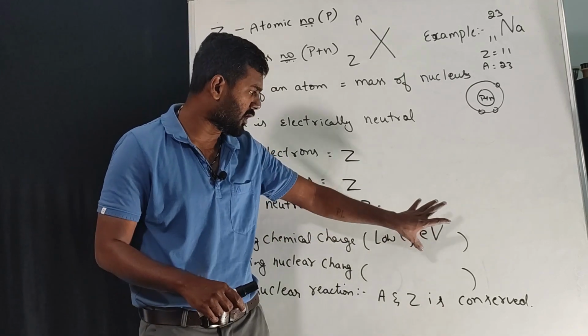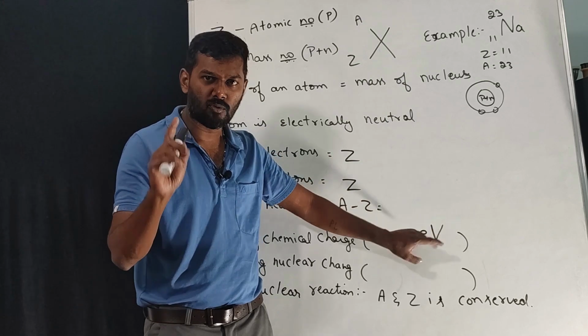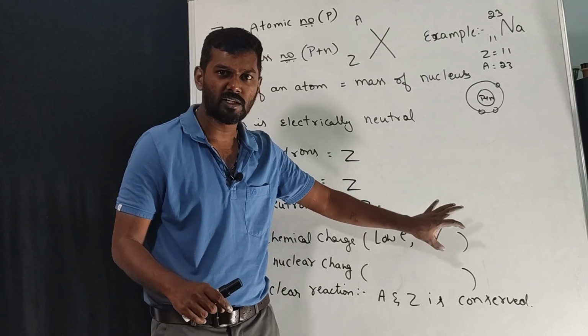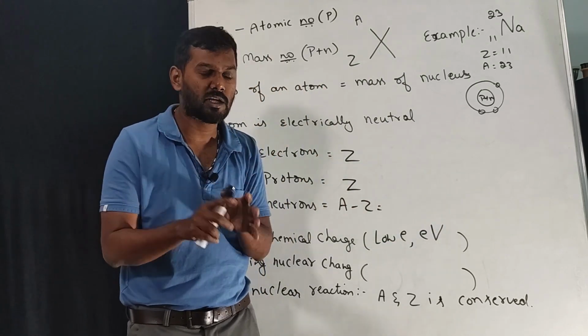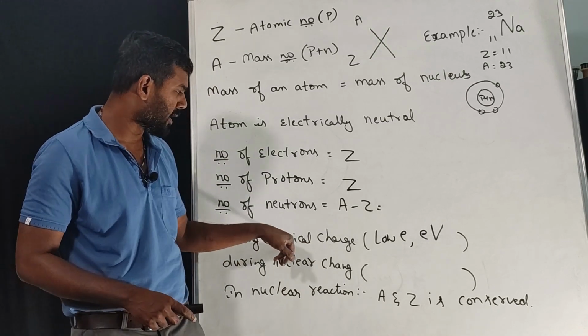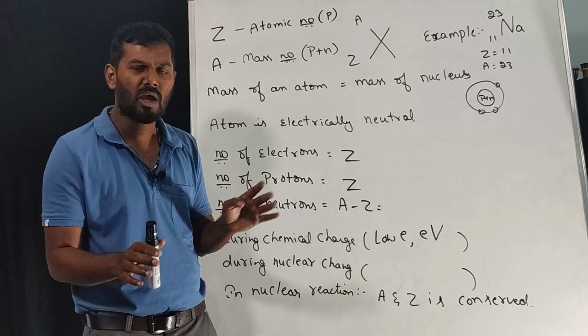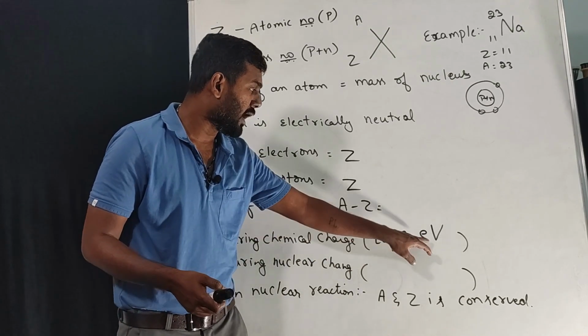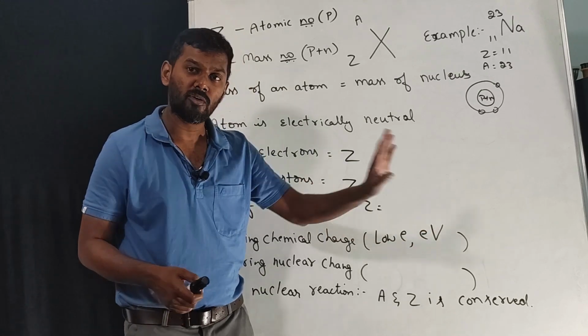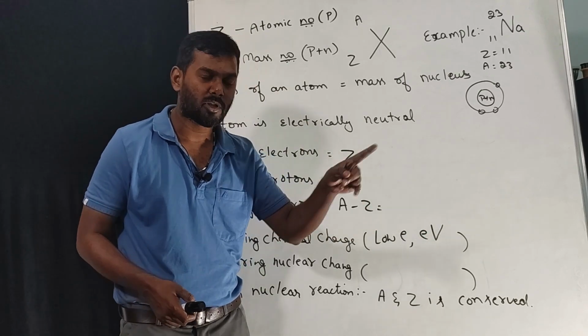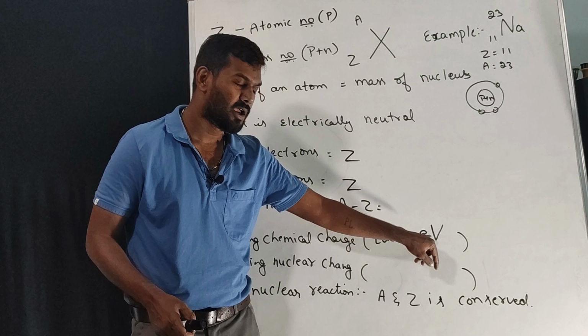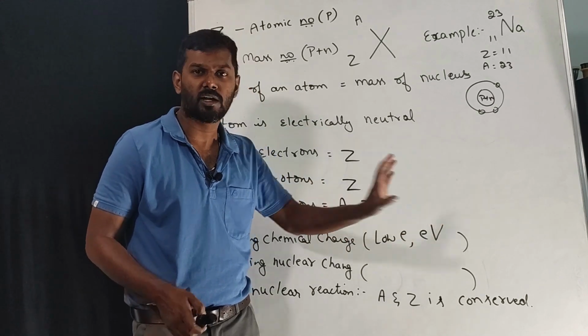Don't worry about it. Just understand that the electron volt is one of the units of energy. So during a chemical change, it requires only low energy, in terms of electron volt. Keep that in mind.